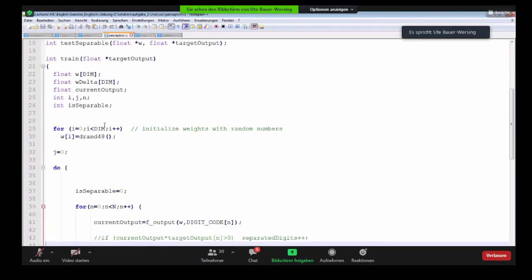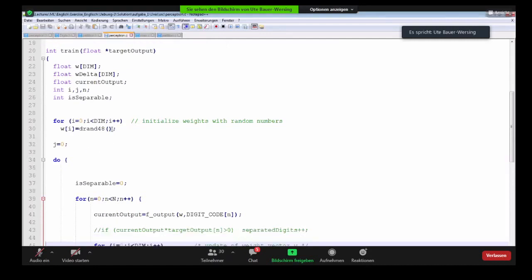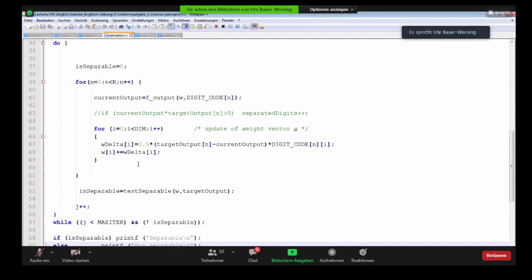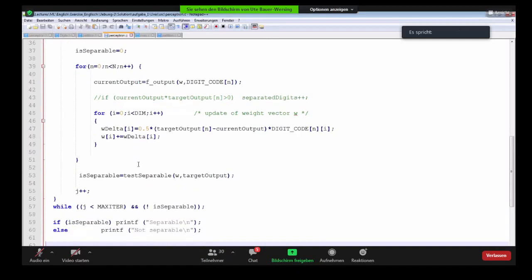The train method does some initialization, so you have to initialize the weights using a random number generator. Then you have to implement the perceptron learning algorithm, including the update of the weights. This is just a straightforward implementation, and probably you have done it more or less the same way, but not exactly the same way.